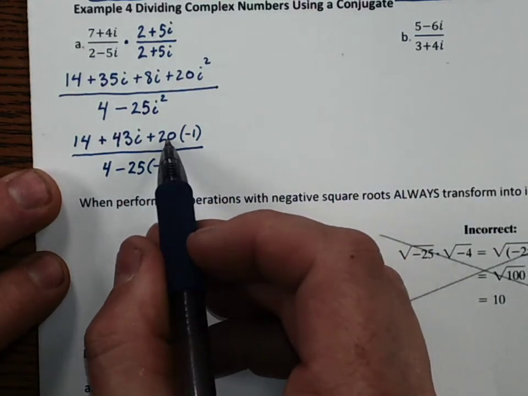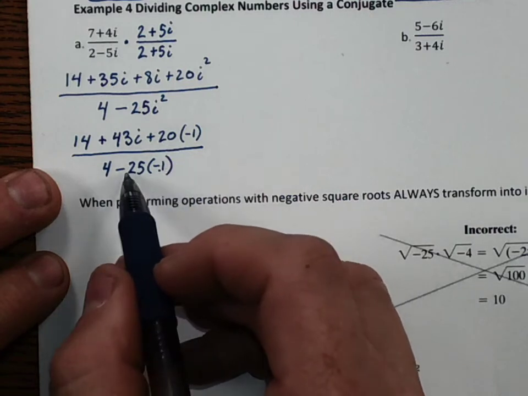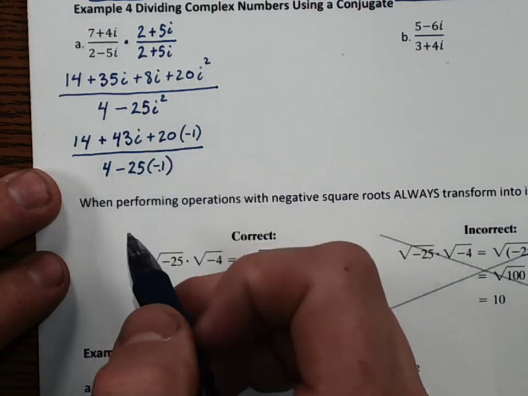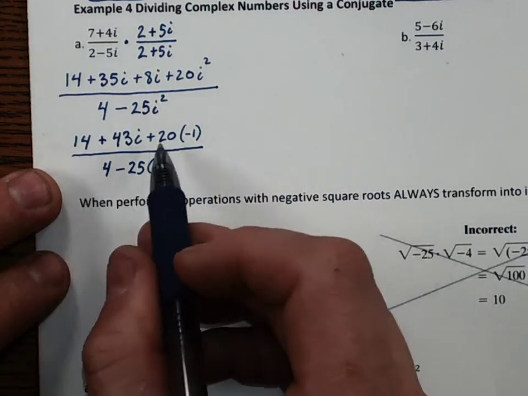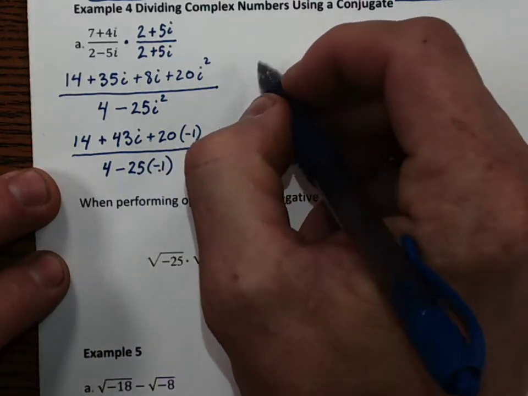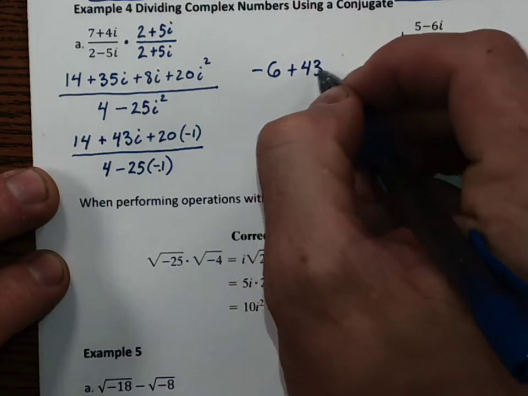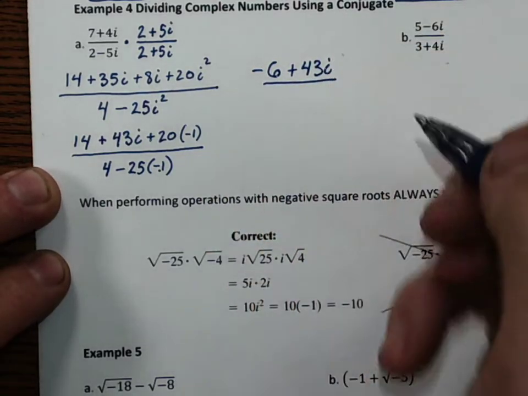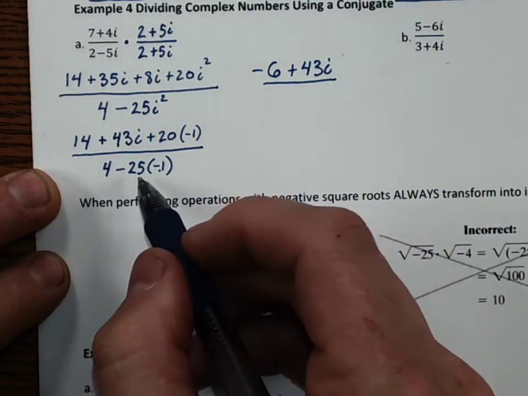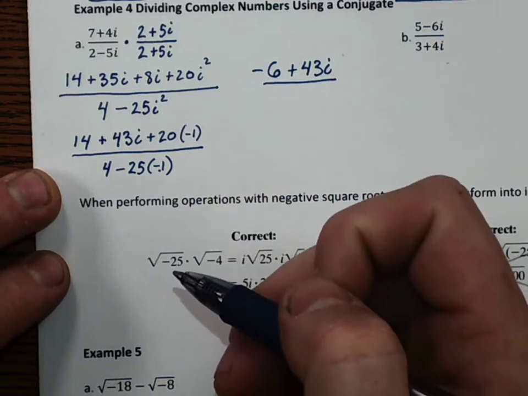Negative 1 times 20 is negative 20. Negative 1 times 25, negative 25, is positive 25. 14 minus 20 is negative 6 plus 43i divided by 4 plus 25 is 29.